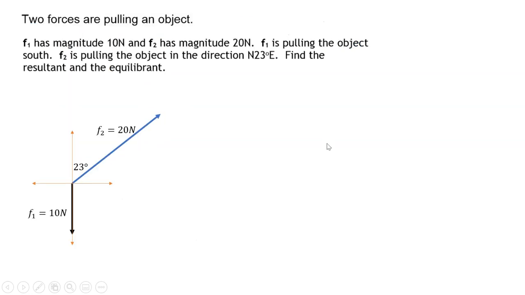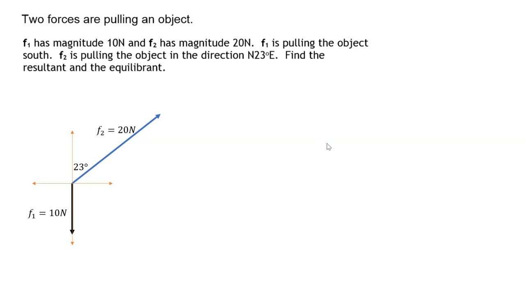Now let's spend a few minutes looking at how we can add vectors that have actual numbers on them. We're going to be doing some more of this as we go through this course, but here's an introduction to it.